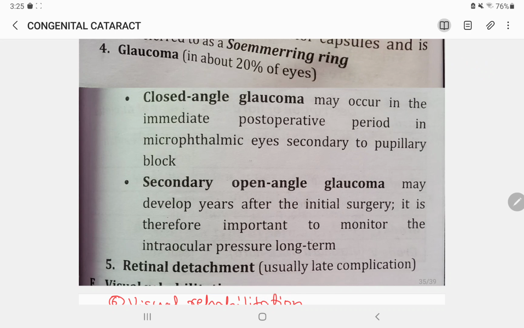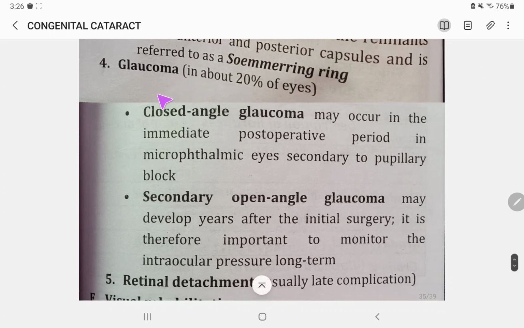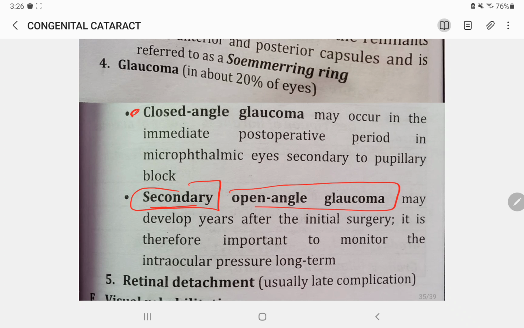And then children who have had cataract surgery can develop glaucoma. That is also of two types: closed angle, and secondary open angle glaucoma from other causes. We will read glaucoma in the next video that is coming soon. I will try to make the notes as soon as possible. Closed angle glaucoma may occur in the immediate post-operative period in microphthalmic eyes secondary to pupillary block.